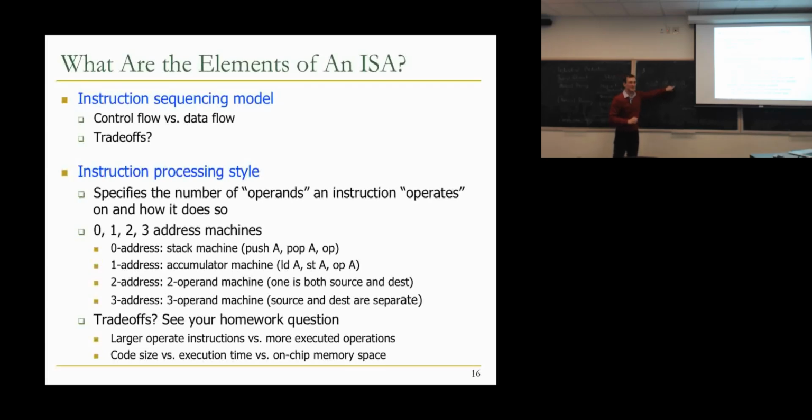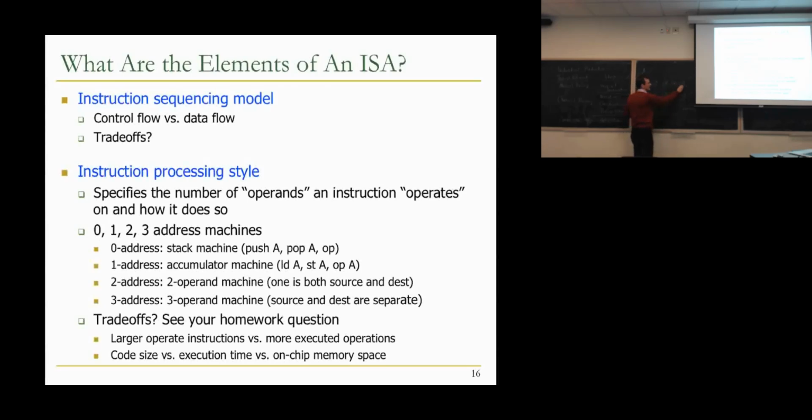Now, the upside of this is it's compact encoding, right? And 3 address machine is the most powerful in terms of expressiveness, or 3 operand machine. Now, that's what we've seen earlier, right? With LC3B, for example, you have 2 different source register specifiers that could be different from the destination register. So you have 3 addresses you can operate on.